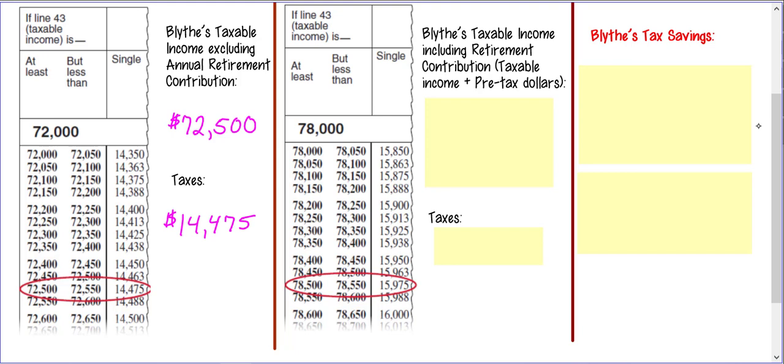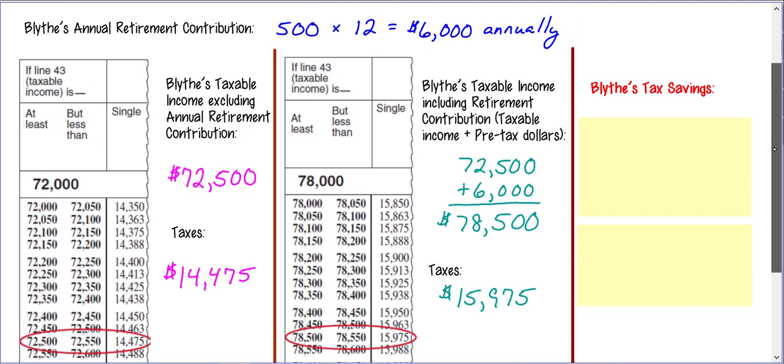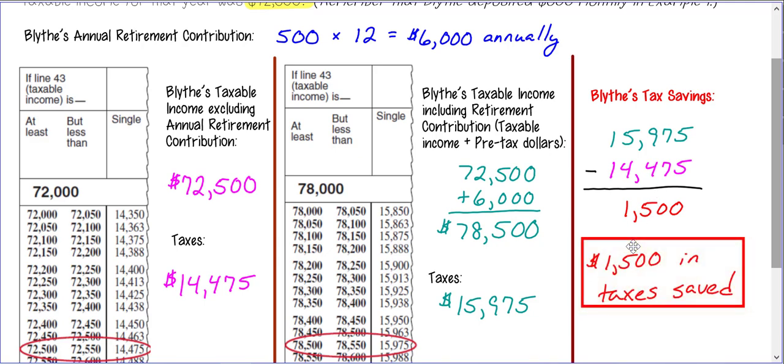Now, if we included her retirement contribution with her taxable income, her income would raise up to $78,500, which would change her tax amount to $15,975. By putting this contribution in as pre-tax dollars, we can take the difference between these two tax dollar amounts. We subtract the $14,475 from $15,975. That's $1,500 saved in taxes.